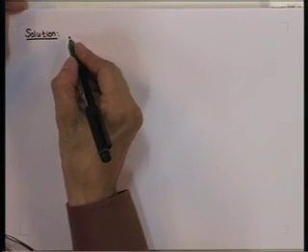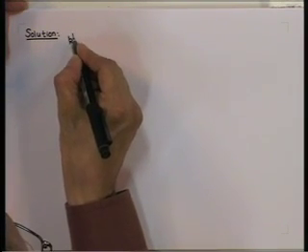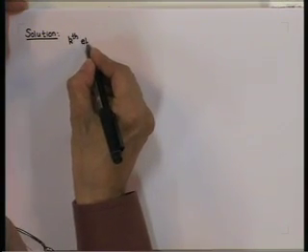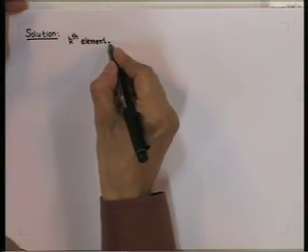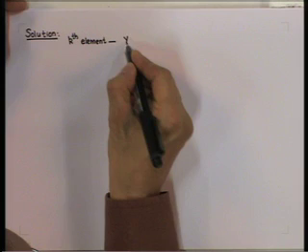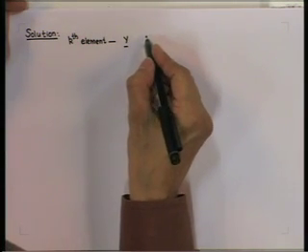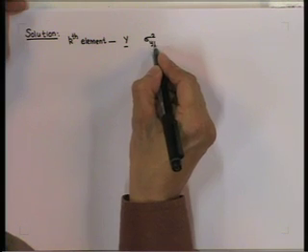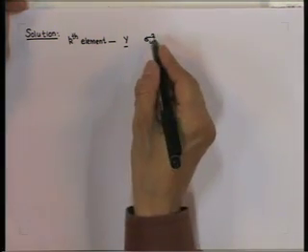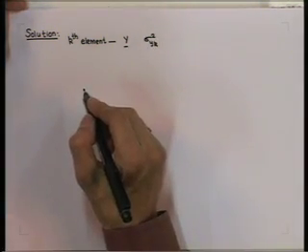Let us say that the kth element of the transformed output vector y has variance sigma squared y k.